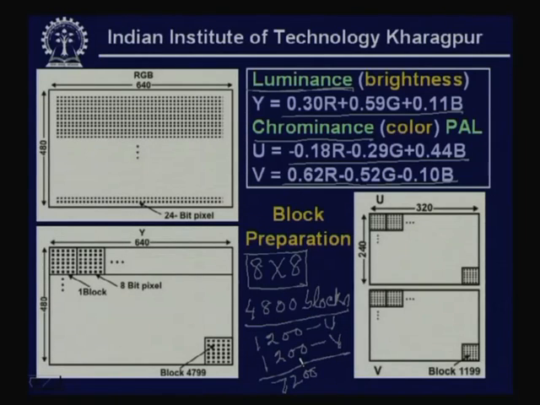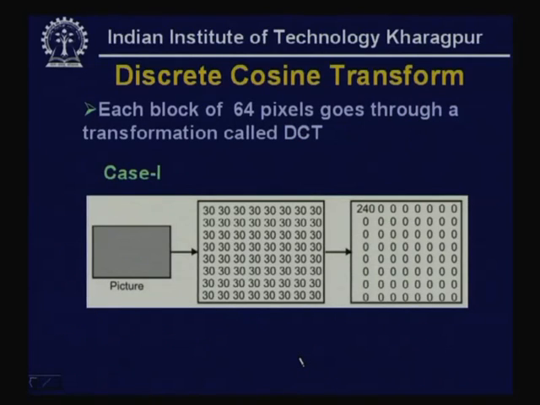Let us see what kind of processing is done, how each block is processed. Each block of 64 pixels, that is 8 by 8, goes through a transformation called discrete cosine transform. This discrete cosine transform is highly mathematical. We shall not discuss any mathematical equations.